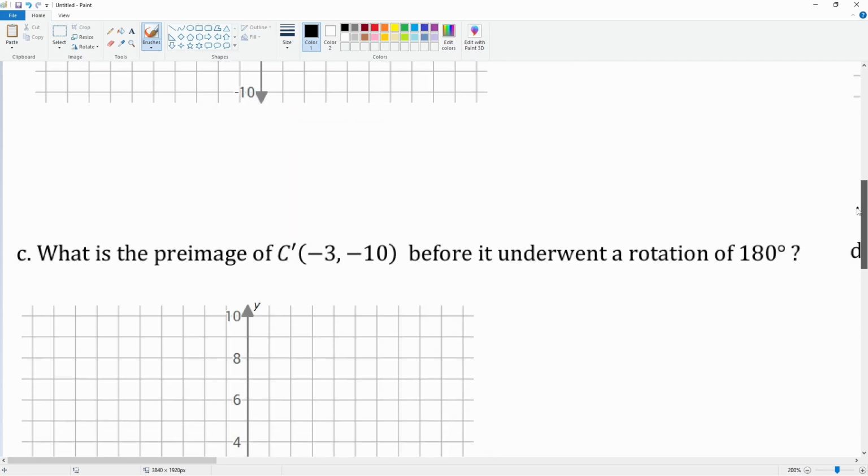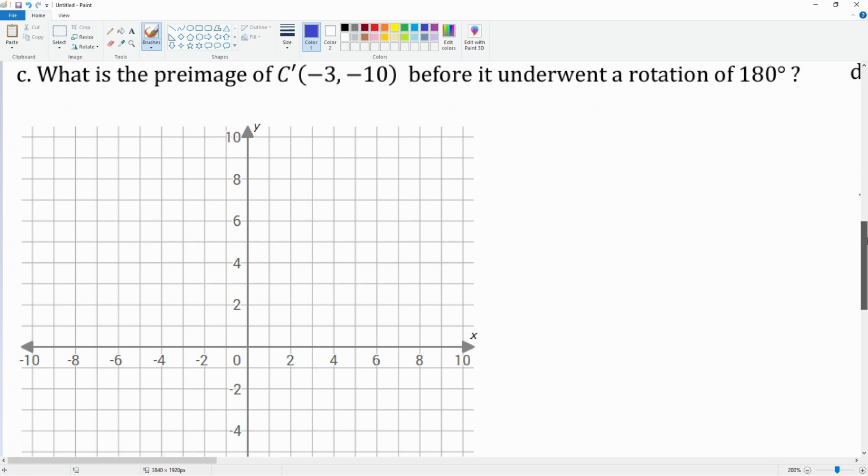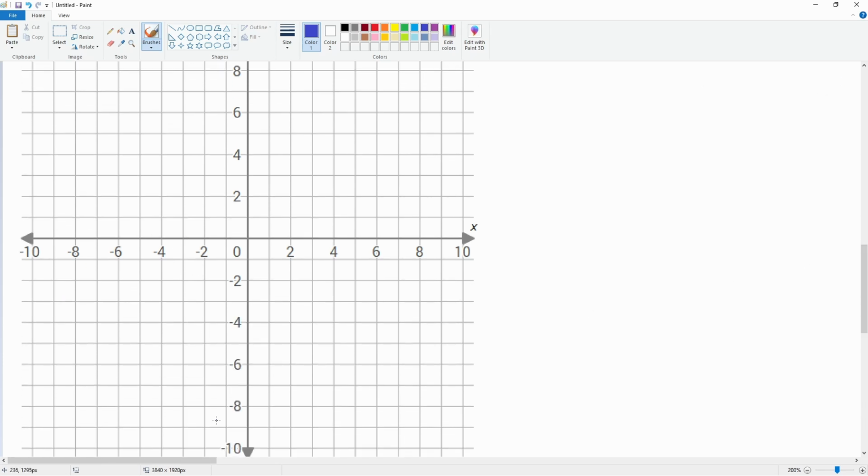Okay, let's take a look. What is the pre-image of this before it underwent a rotation of 180? So C, it is negative 3, negative 10. So it's right here. Negative 3, negative 10 is right here. Okay, so this is 3, and this is 10. Right? Think about this in terms of a triangle.